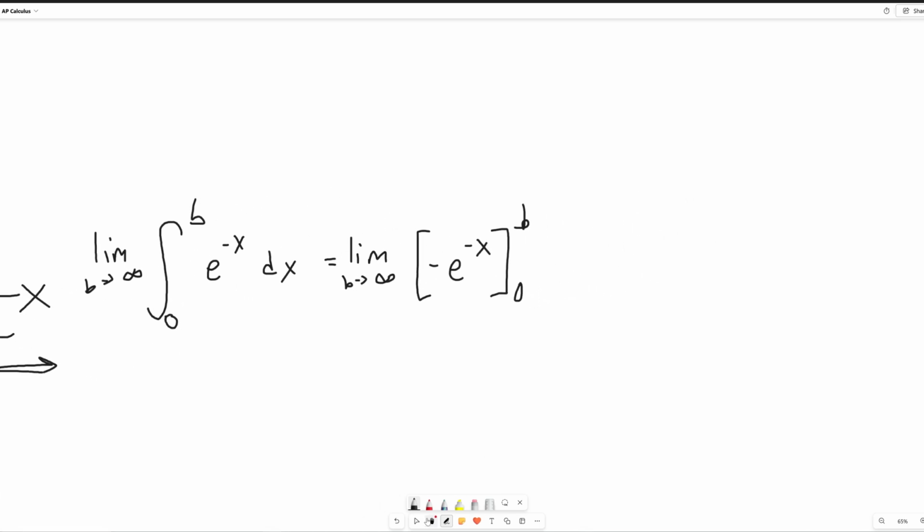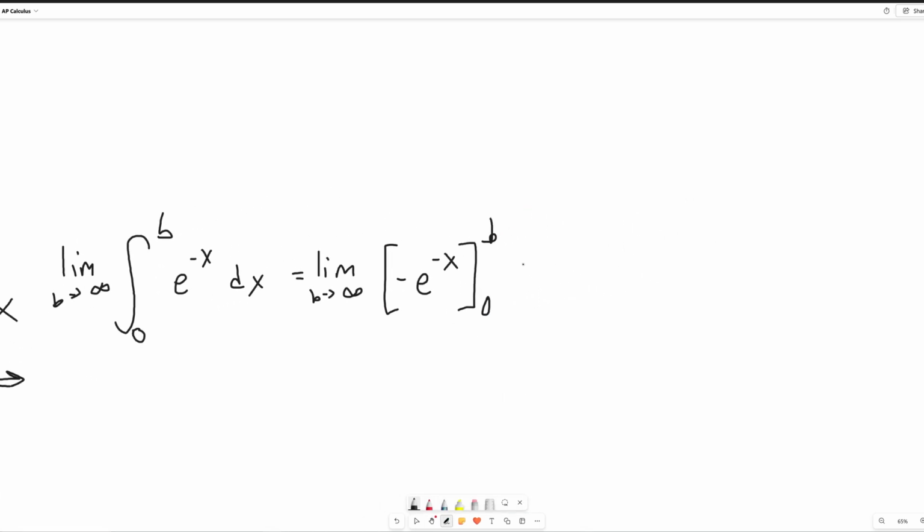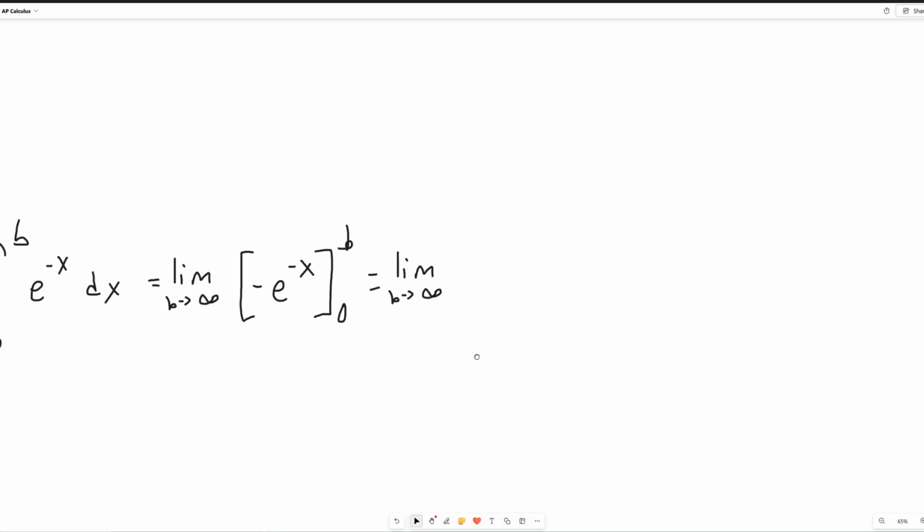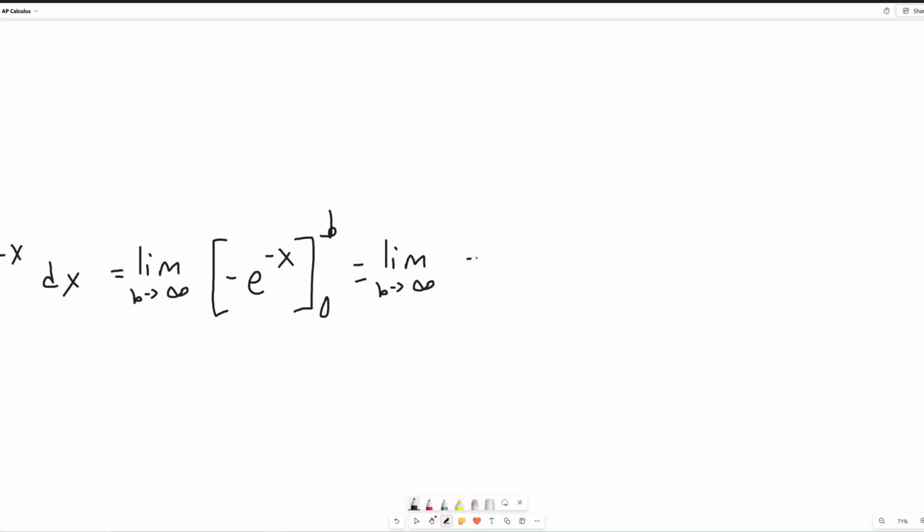Alright, so this is the same thing as saying, and I'm just going to duplicate this because I really don't feel like continually writing it, negative 1 over e to the b plus 1 over e to the 0, right? Second fundamental theorem of calculus.